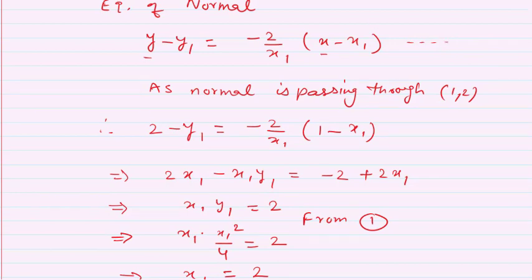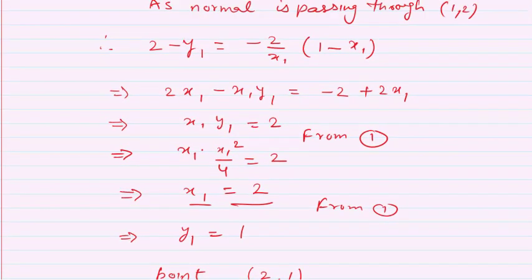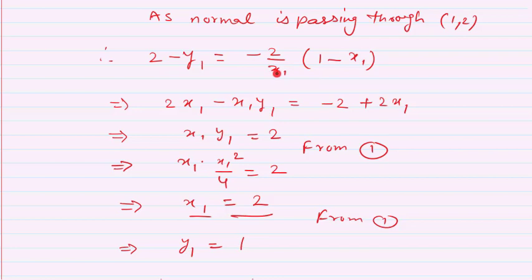Let us name this relation as 2. Okay. So just putting the value of x1 and y1 over here, we can find out the equation of normal, which is y minus y1. So from second we have y minus y1, which is 1, is equal to m. We are having minus 2 upon x1.